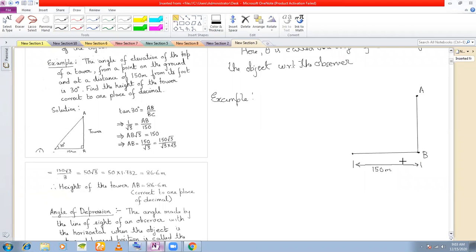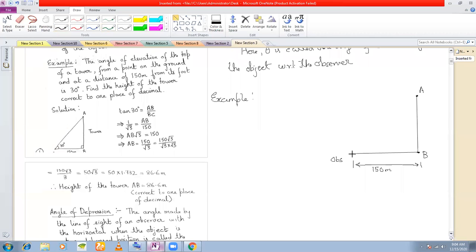There's an observer standing at a distance of 150 meter from the foot of the tower. And what he's doing is he's looking at the top. So this is your observer.